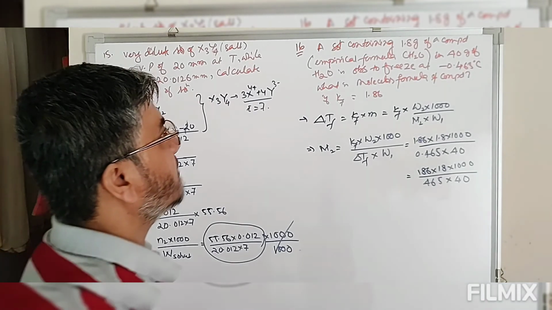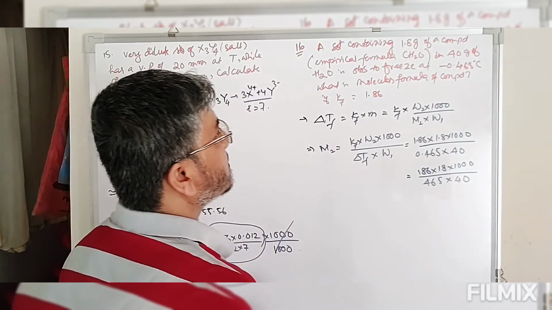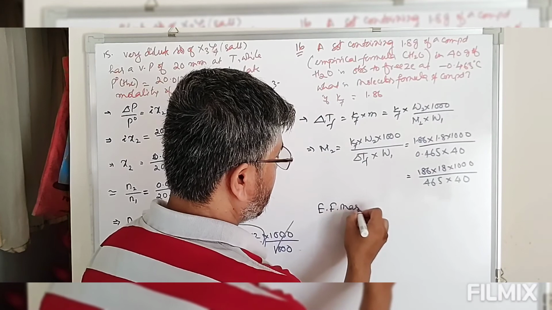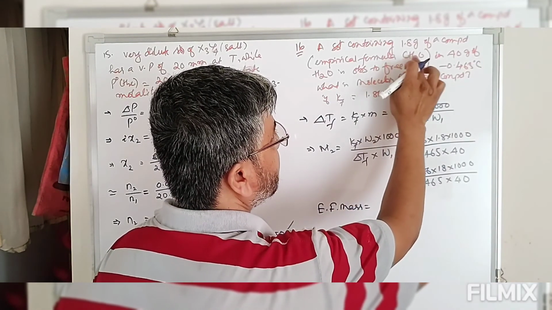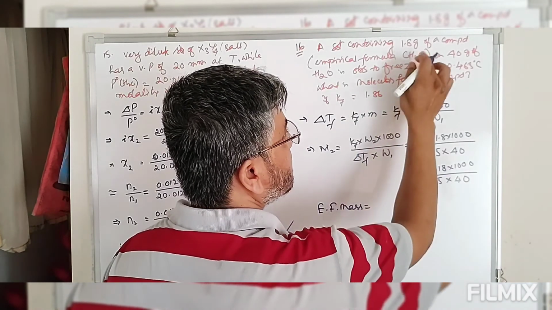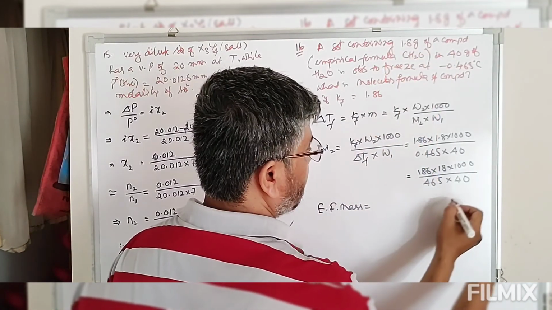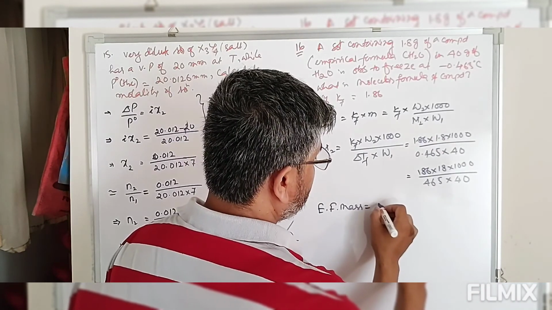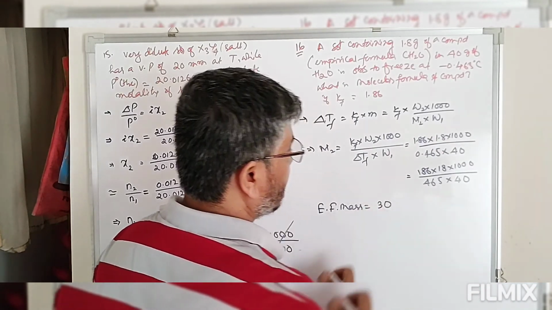Now look at this. We have this formula mass. Empirical formula mass is carbon 12, hydrogen 2, 12 plus 2 is 14, 14 plus 16 is 30. So empirical formula mass is 30.